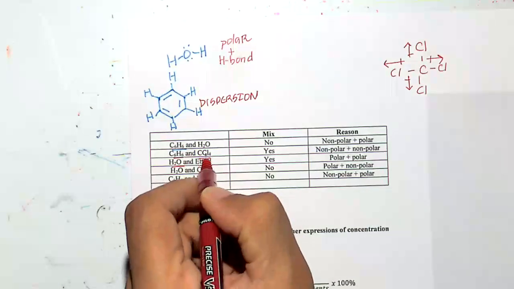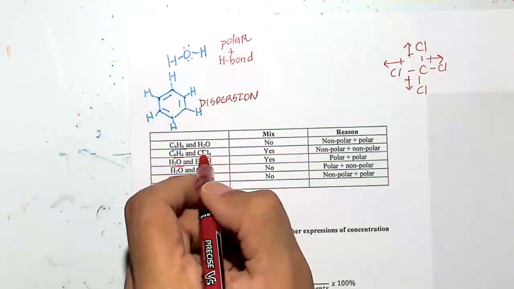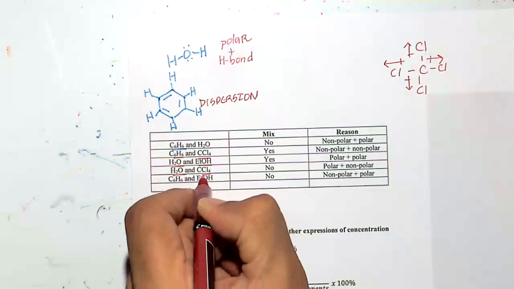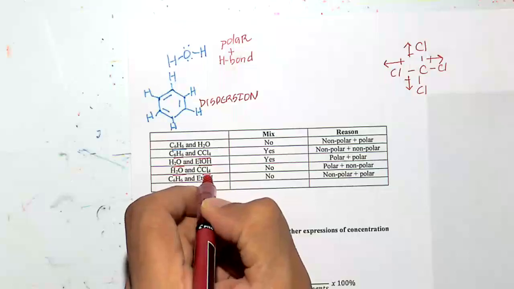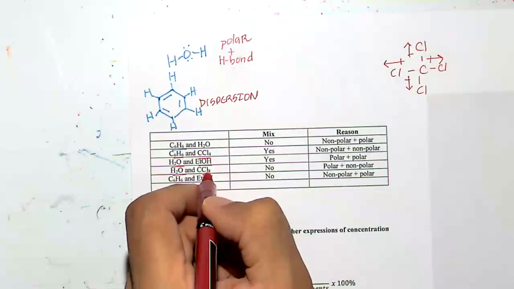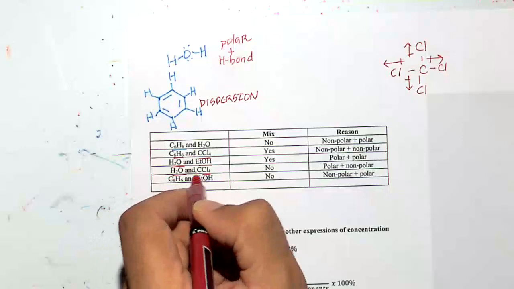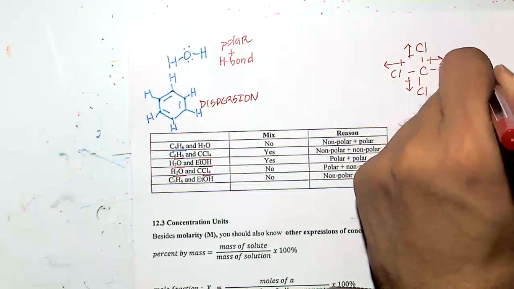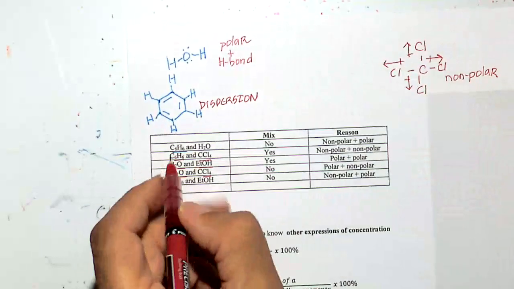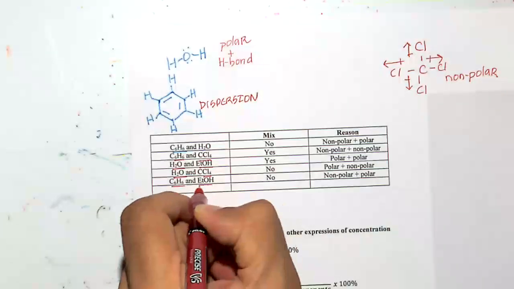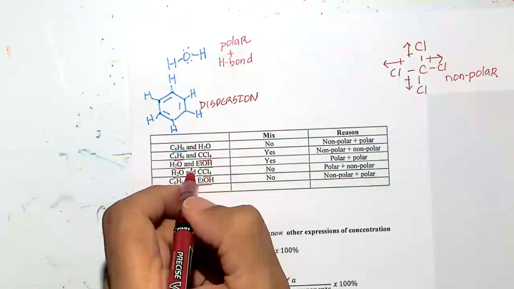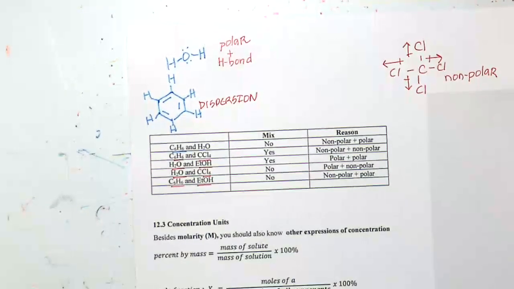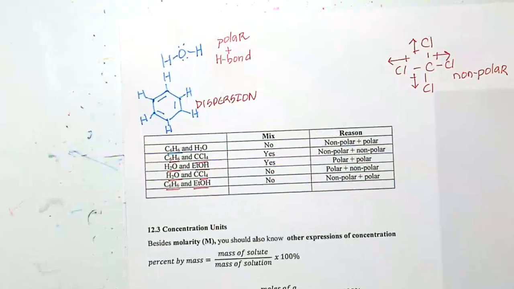What about water and ethanol? Both can hydrogen bond. Yes, they'll mix. Like dissolves like. What about water and CCl4? Yes or no? Water, as we know, is polar. CCl4 is nonpolar. There's no net dipole moment. What about C6H6 and ethanol? Yes or no? Will they be miscible or not miscible?